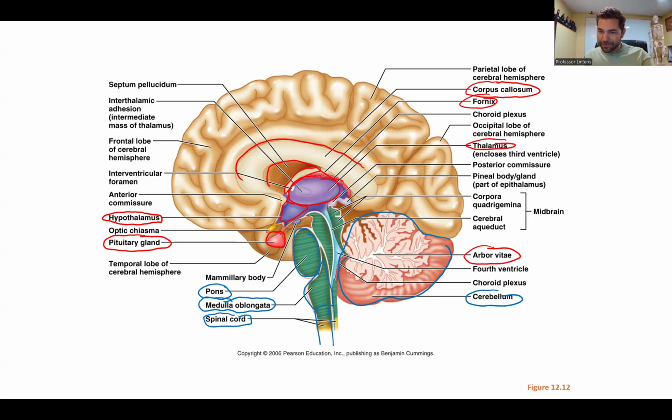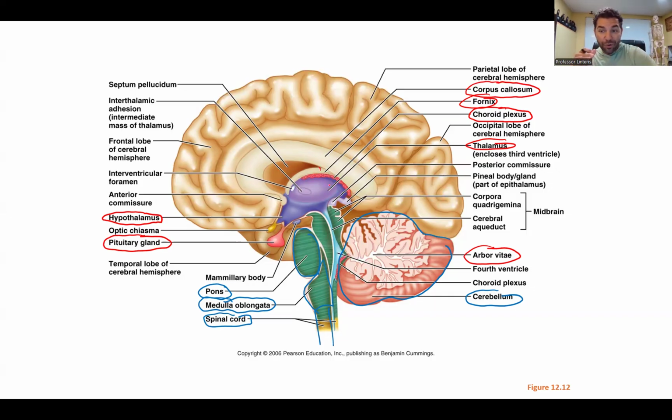Some other structures that are pretty important here, which I'll highlight for you in the same color. Choroid plexus. And if you follow that arrow down, you will see that it is pointing to this squishy looking structure. It's kind of reddish on this picture. I'll get rid of my scribbles so you can see.